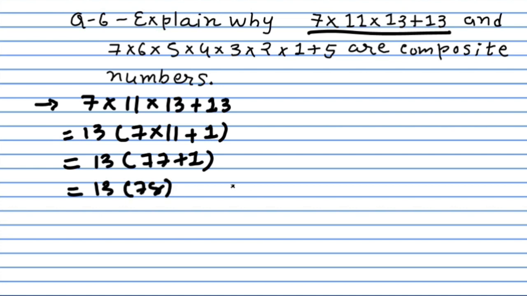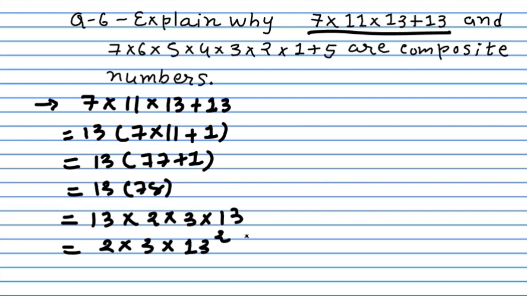If you find the factors of 78, then it is 13 multiplied by 2 into 3 into 13. So it is equal to 2 multiplied by 3 multiplied by 13 square.